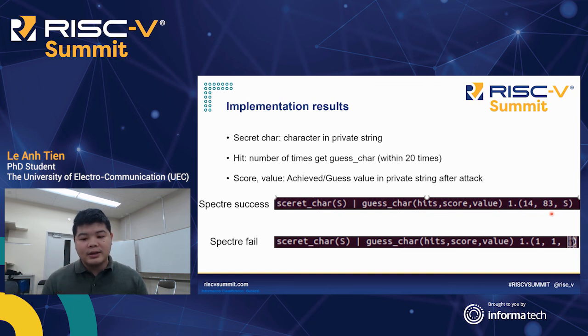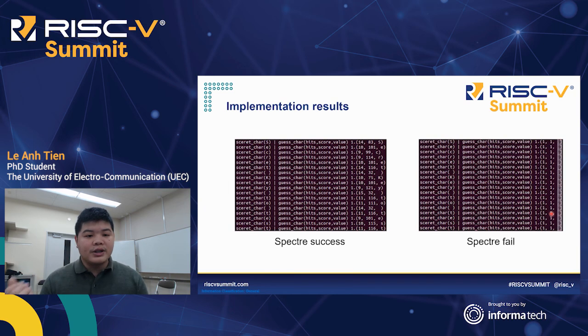The attack is a success when every attacking attempt gets the right character in the private string. As you can see here is a full result when the attacker tries to get the full string. If the attack succeeds, the obtained characters will be the same as the secret, and if not, it will get nothing.